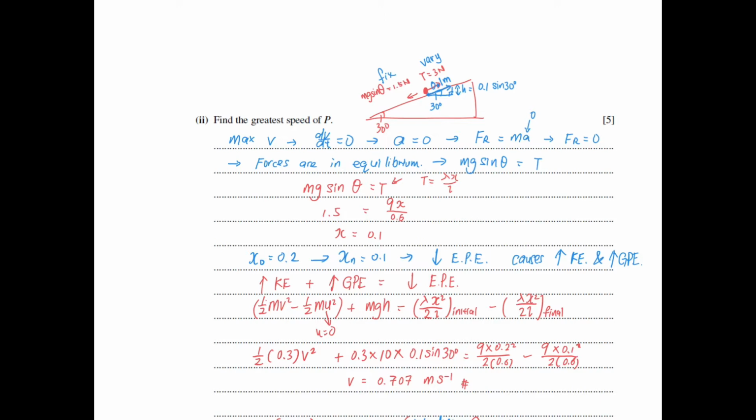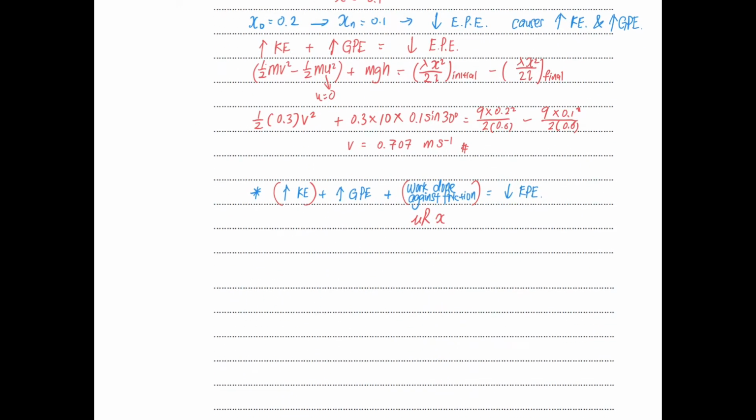So as you can see, for the same scenario again, the particle is here, and we have done resolution where this is 0.3 g sine 30, because here is 30 degrees. So to find R, you have to use the other weight component that is perpendicular to the plane, which is 0.3 g cos 30.